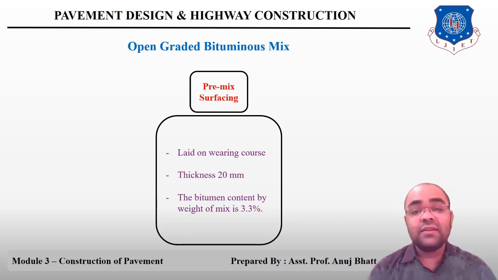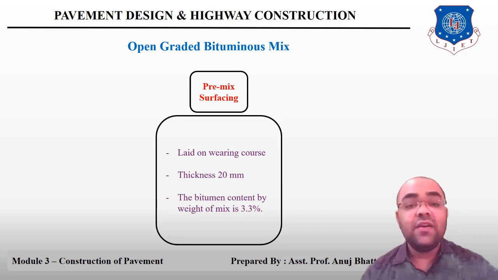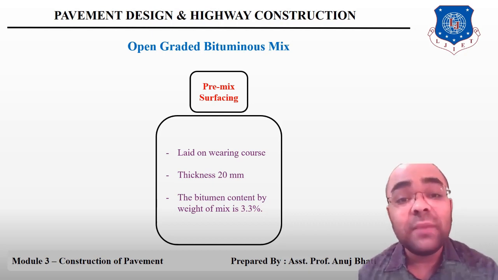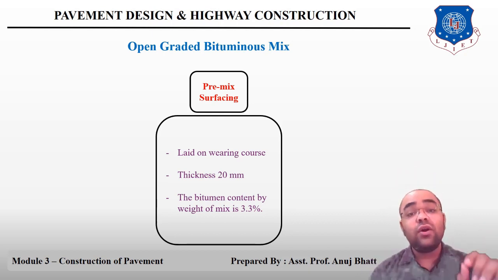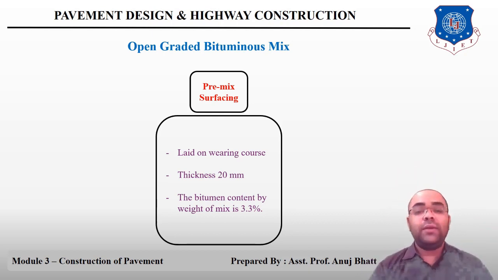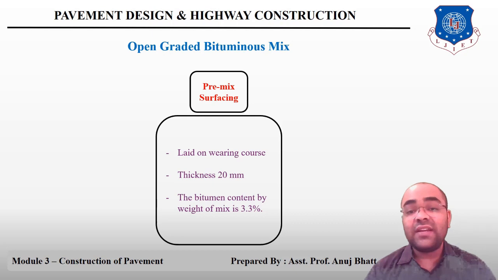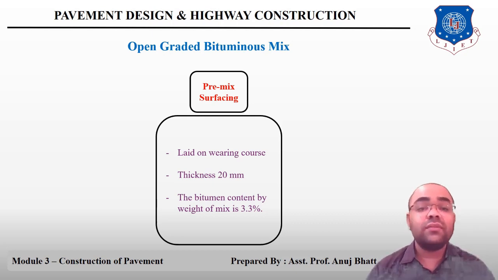In this mix, with respect to the climate condition and the traffic intensity, the viscosity grade of the bitumen is employed. Generally, it can be either VG10, that is viscosity grade 10, or viscosity grade 13.